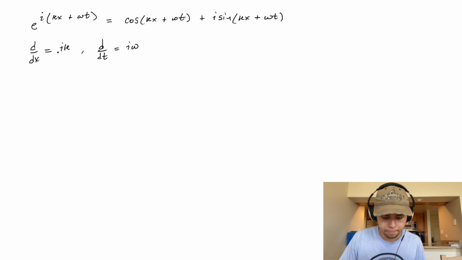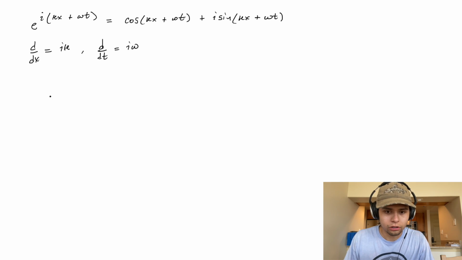Okay, and so I want to get into now the Schrödinger equation. Now that we have all this behind our backs, I want to get into the Schrödinger equation and look at it a little bit more in depth. Okay, so we want to recall now some basic fundamental principles about wave mechanics.